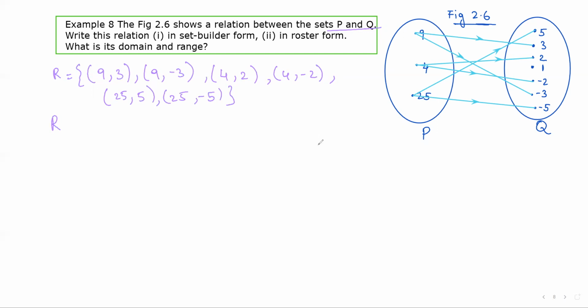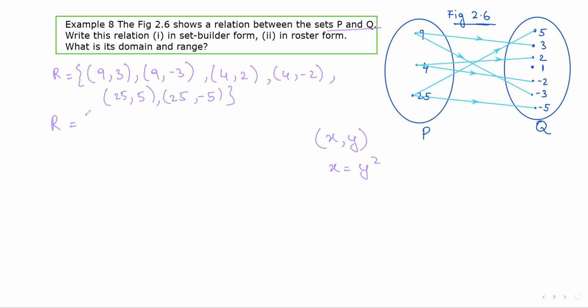Now to write a relation in set builder form, we need a relation between the ordered pairs. That means if you consider the first element as x and the second element as y, if you observe 9 is 3 square, 9 is minus 3 square, 4 is 2 square, 4 is minus 2 square, 25 is 5 square, 25 is minus 5 square. So x is y square. This is the relation between the elements of your ordered pairs.